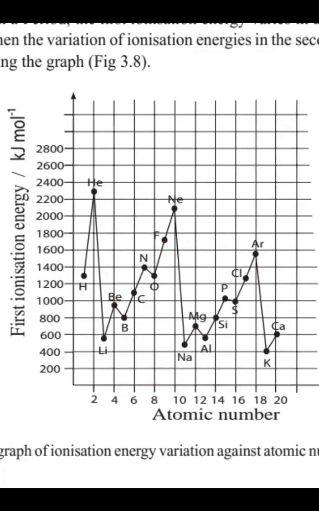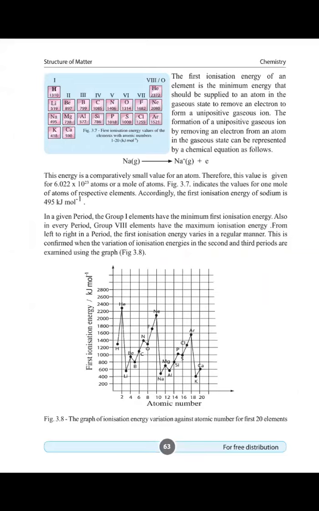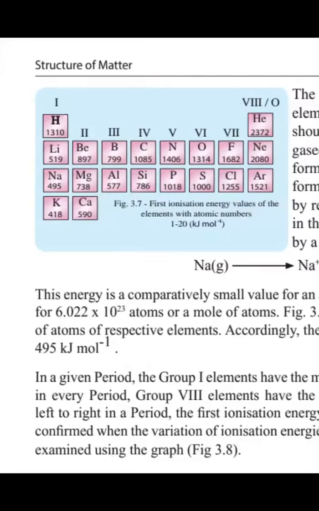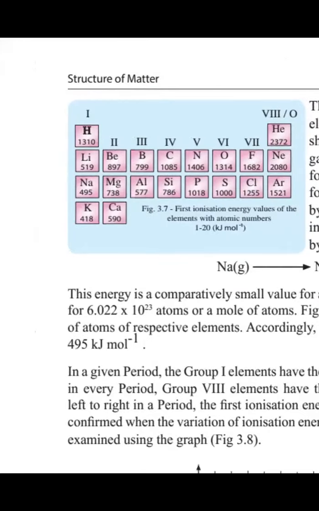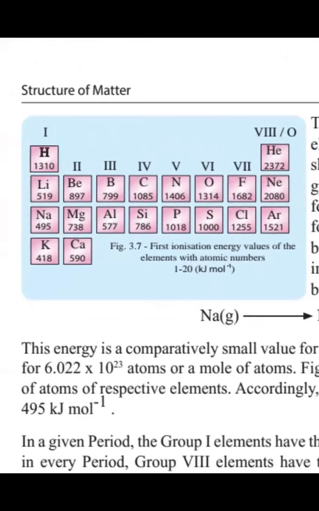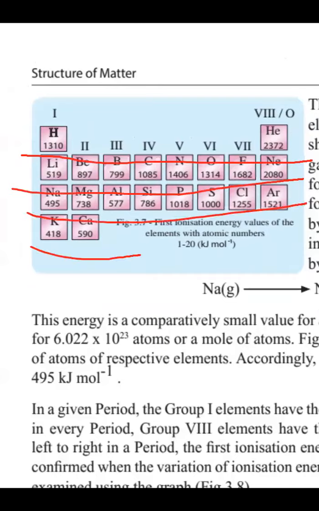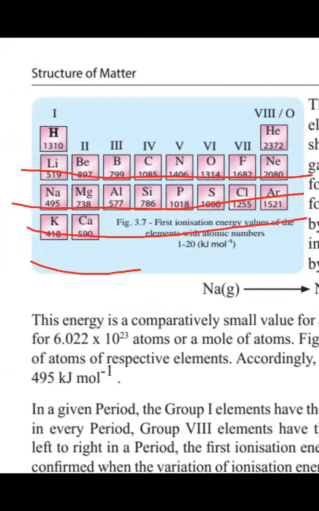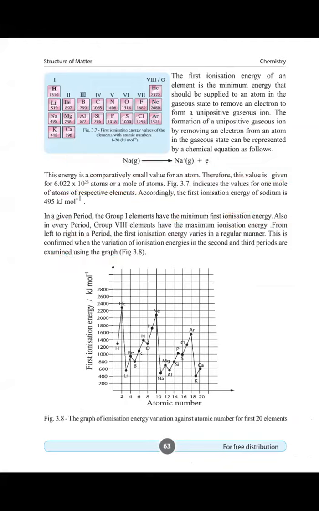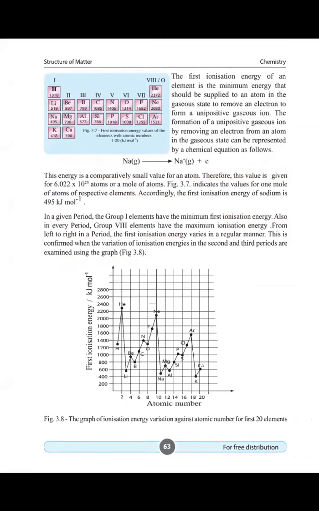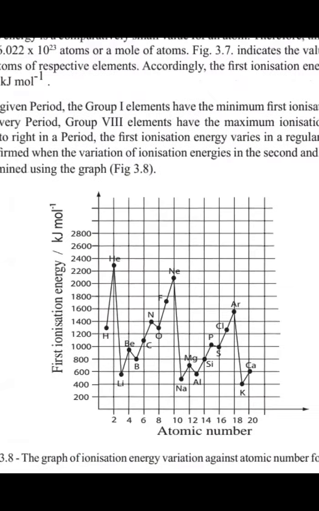That is with your knowledge about the periodic table. This is the first period. This is the second. This is the third. This is the fourth. So that is about the variation of ionization energy.